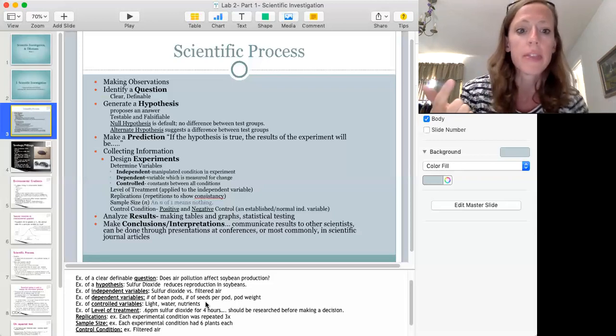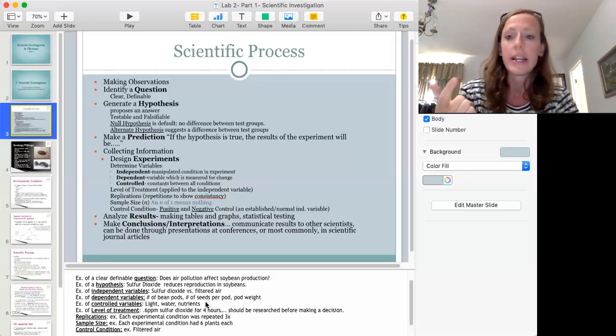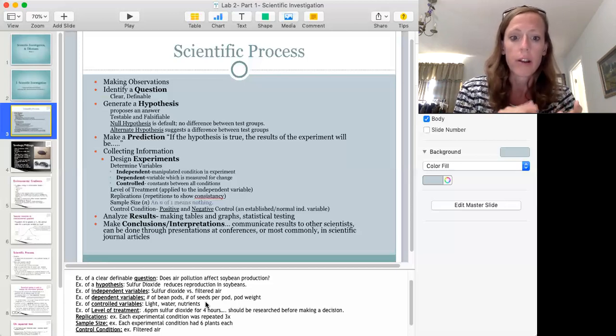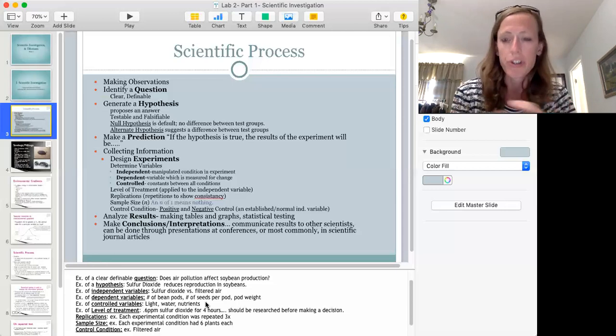Okay. And then the dependent variable is the variable that you will measure after exposing these soybean plants to either the filtered air or the sulfur dioxide. So what you measure, what you're going to count, what you're going to analyze, that's your dependent variable, okay?